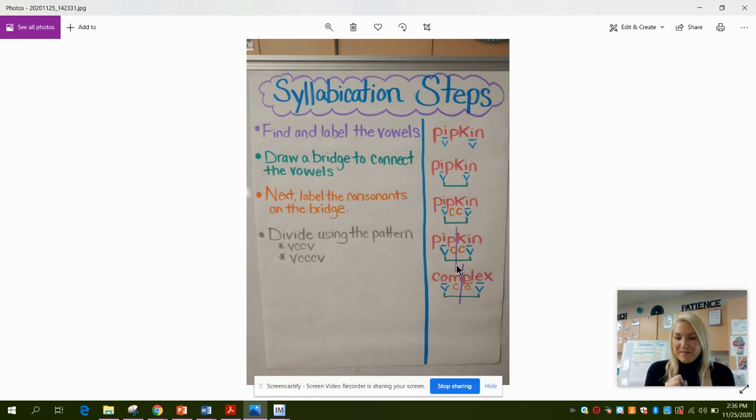It's my favorite pattern, so it's right down the middle. And then here is a word where it has 3 C's in the middle. I'm going to start off today with syllabicating this word, and then I'm going to show you a couple different words. We're going to run into either VCCV or VCCCV patterns, and we're going to have to figure out what to do.